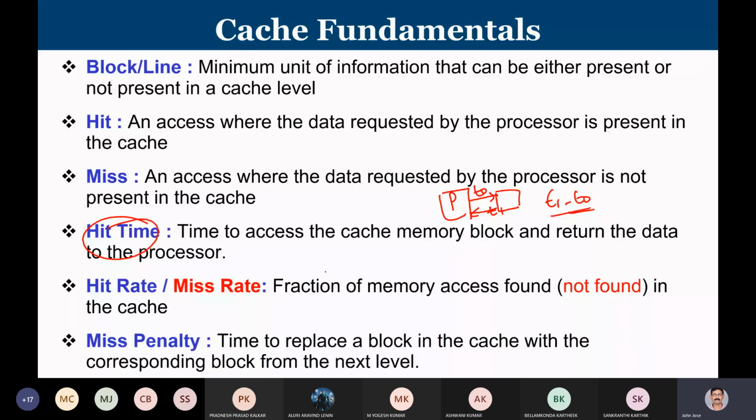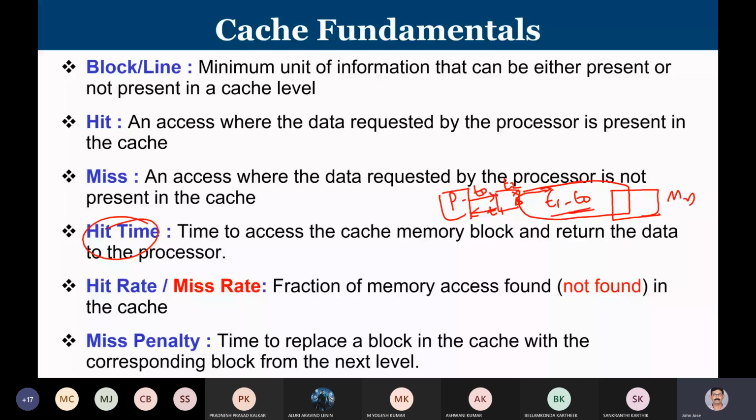Now what is miss penalty? The time to replace a block in the cache with the corresponding block from the next level is known as miss penalty. So now consider you have a main memory. I supply the address at T0, and at T1 I get back. Let us say at T2, I come to know it's a miss. Your time starts now. So you go all the way to main memory, bring a block of data, and fill it up.